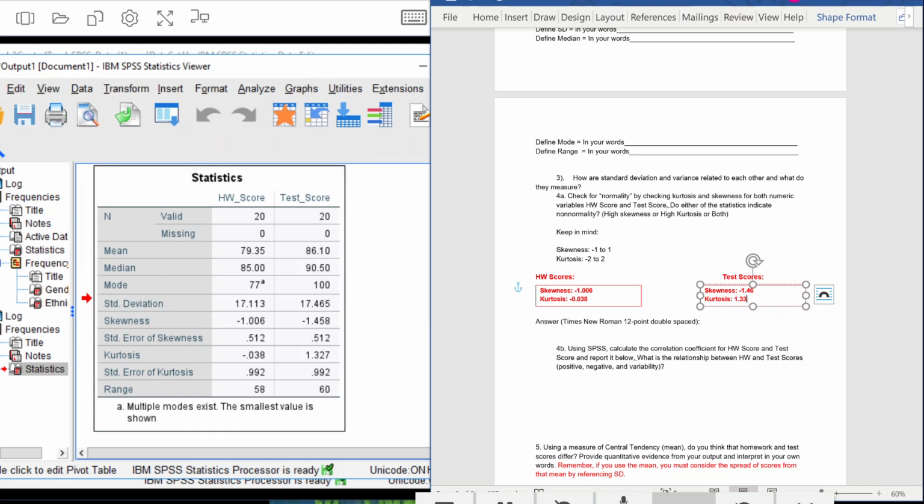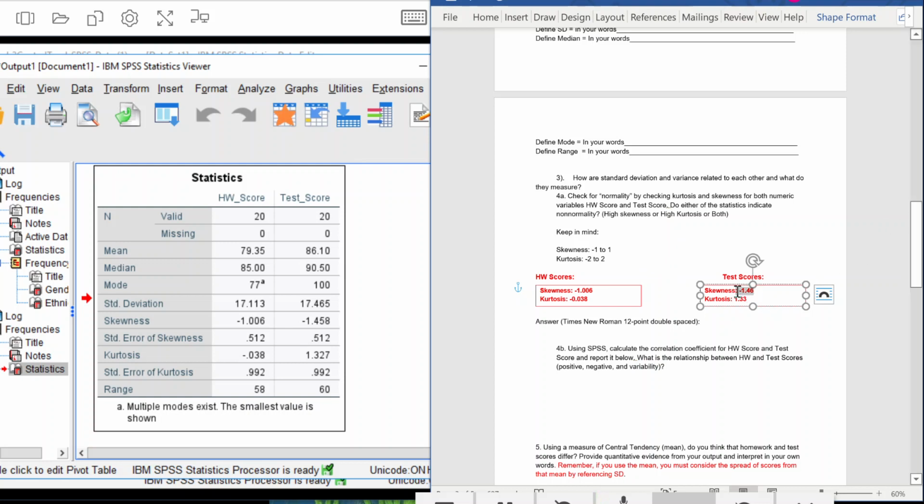Again, we're rounding up. Now notice here, if it's between negative 1 and 1, then you don't have a normality violation. So this is kind of like a general rule. And it's the same thing if it's greater or less than negative 2 and positive 2. So if it's greater than 1, or if it's less than negative 1, then these are normality violations.